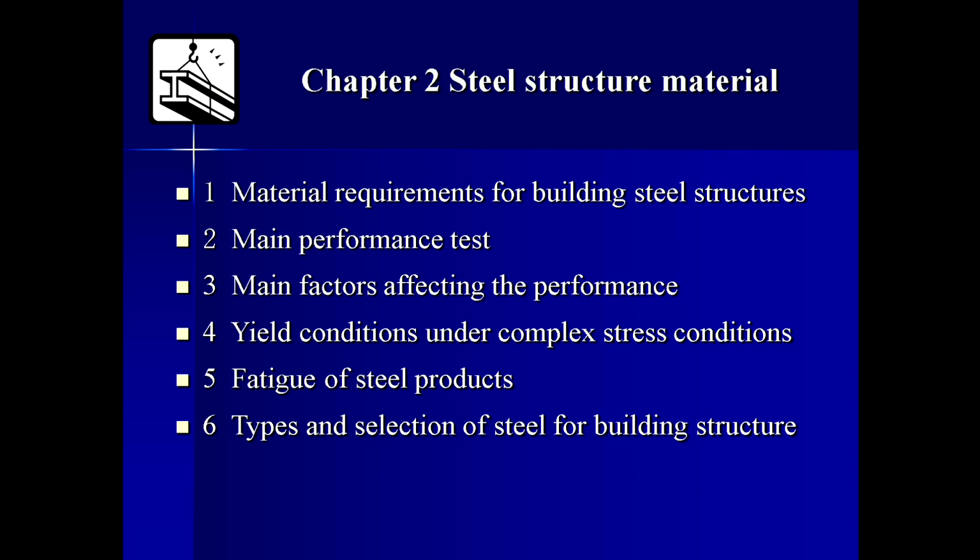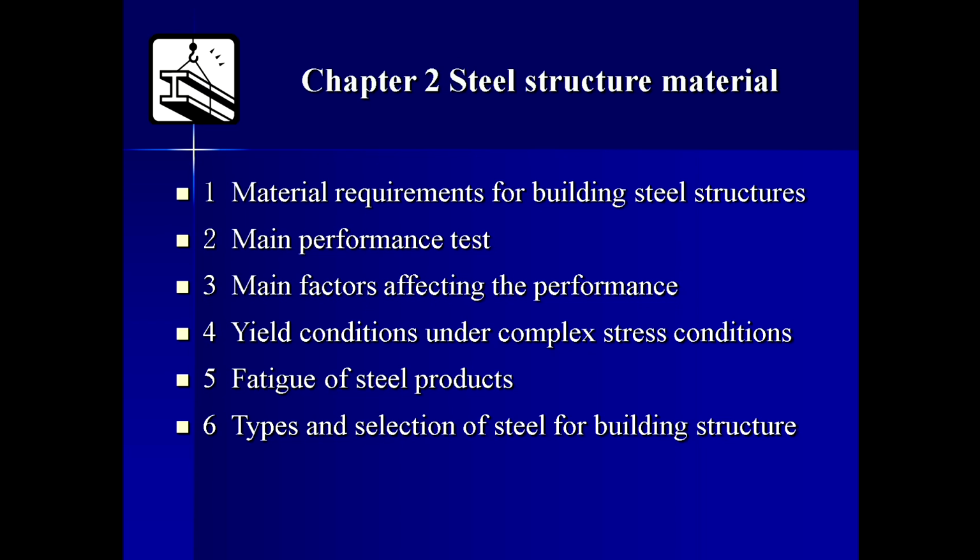And also, according to the words performance test, the main factors on the performance. How to understand this? According to the performance, we can control some basic factors to change some behavior of the steel to make a different performance.